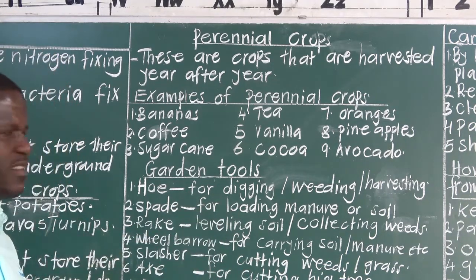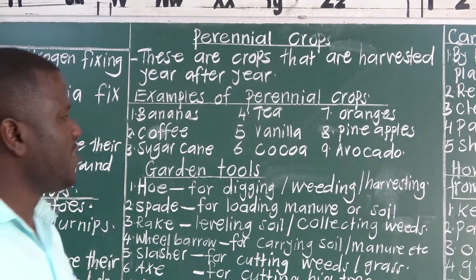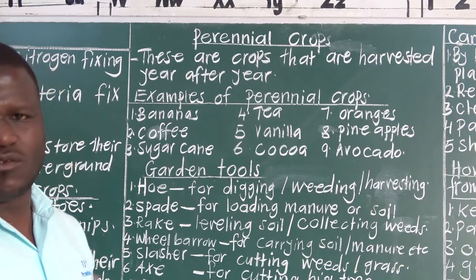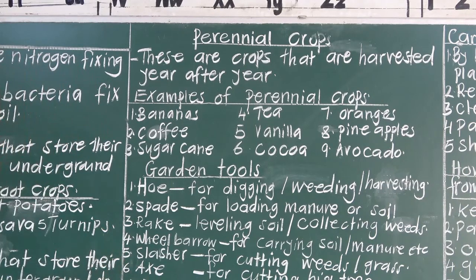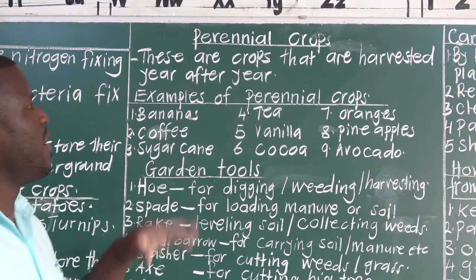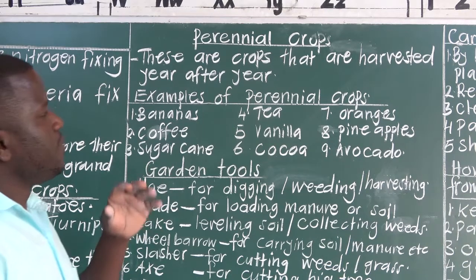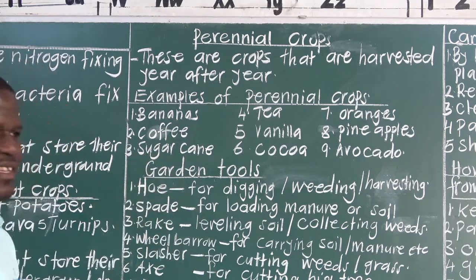Every year you harvest mangoes, avocado, pineapples, oranges, and so on. Another example is tea. In case they ask you why tea is called a perennial crop, tea is harvested year after year.